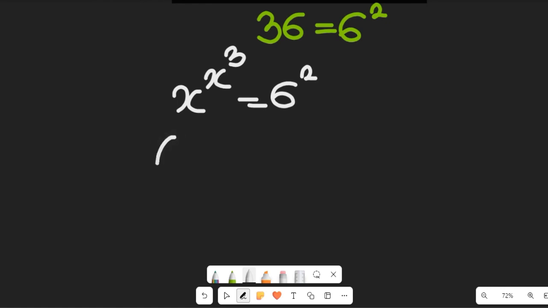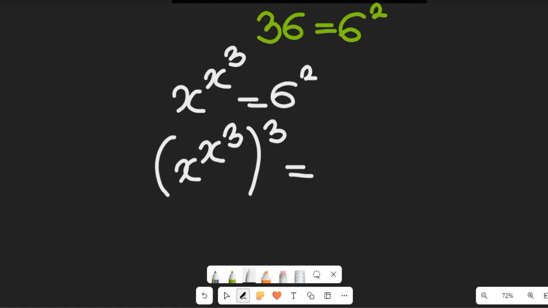The reason why we are doing this is so as to simplify this expression into a common term that can be simplifiable. And this will be equal to 6 to the power of 2 all to the power of 3.